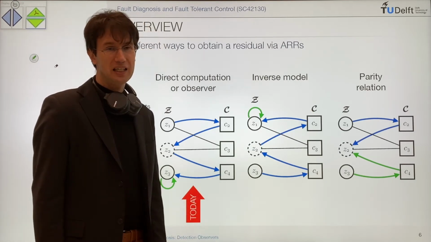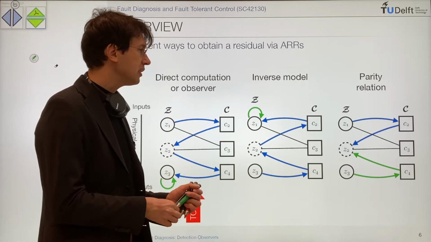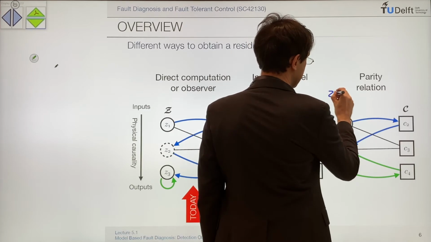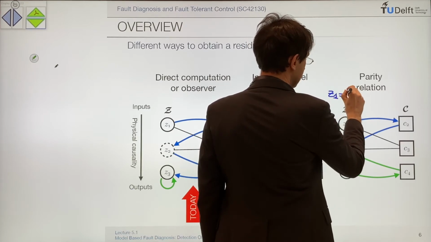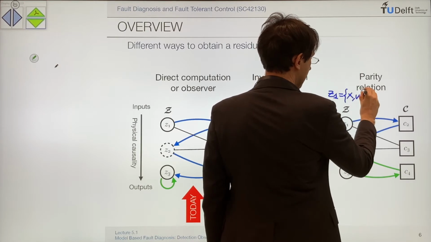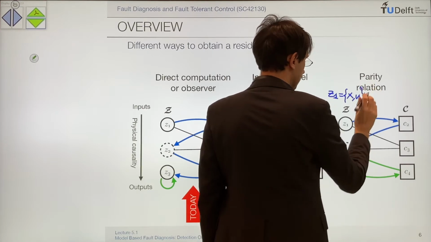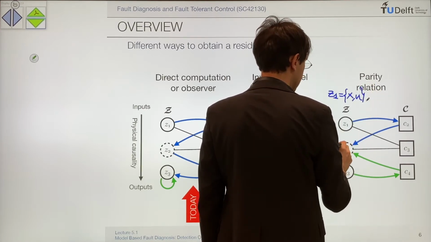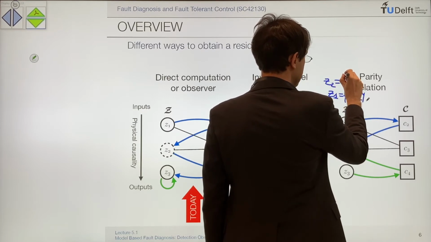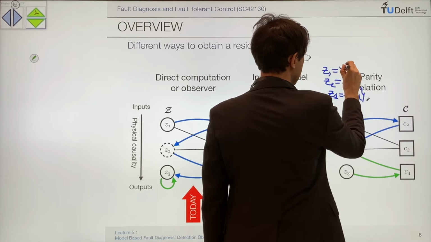Allow me to be a little bit less rigorous, but I hope you can still follow. Let us assume now that Z1 is not a single variable, but Z1 is representing both the state of the system and the input to your system. And then let us assume that Z2 is the derivative of the state and Z3 is the measurement, y.